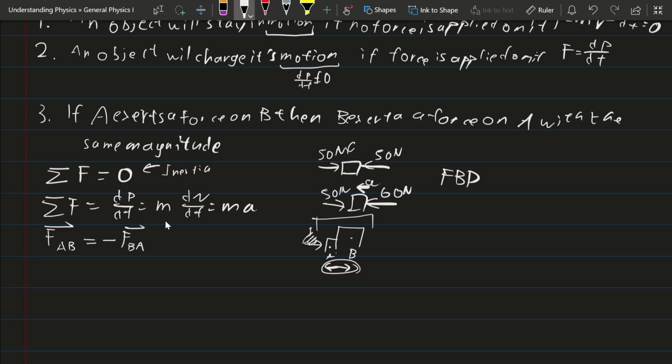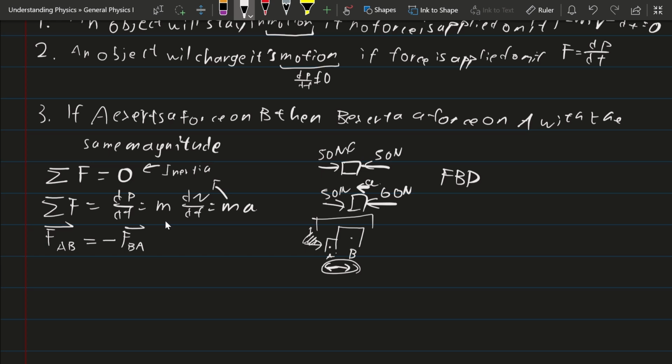And a measurement of inertia is mass. So if something has a high inertia, that means it has a large mass. But if something has low inertia, it has low mass. So inertia is a qualitative description of an object.